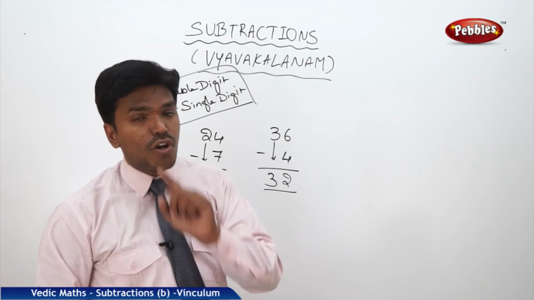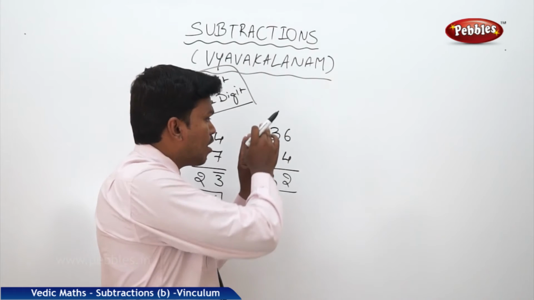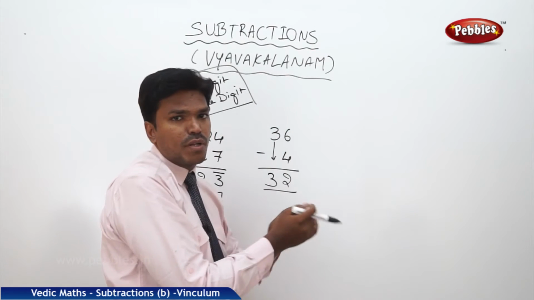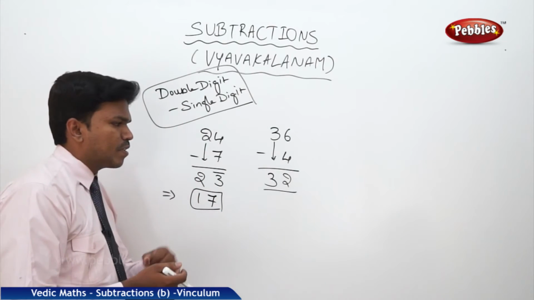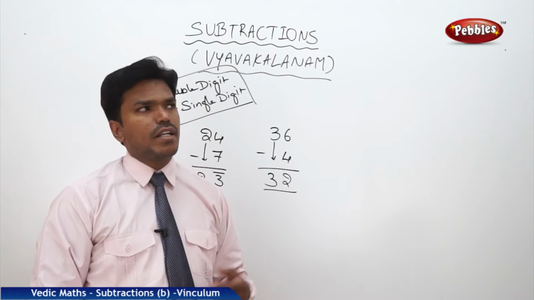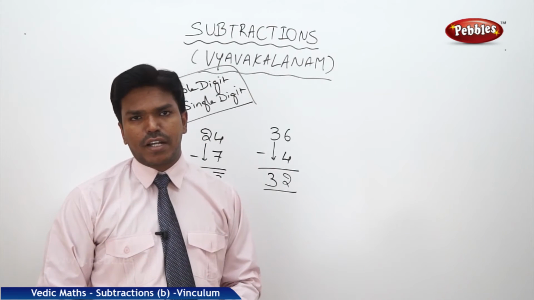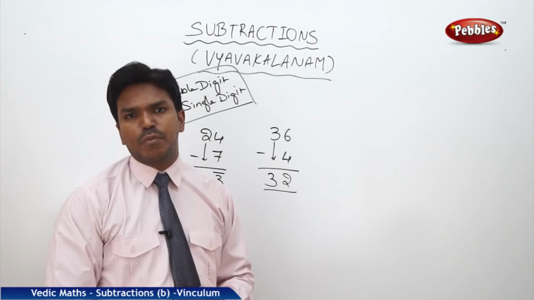Only when the subtraction is not possible do we subtract the above number from the below number by putting a bar on it, just like in the earlier example. But if the subtraction is directly possible, you can subtract it directly and get the answer. No need of even converting the number.